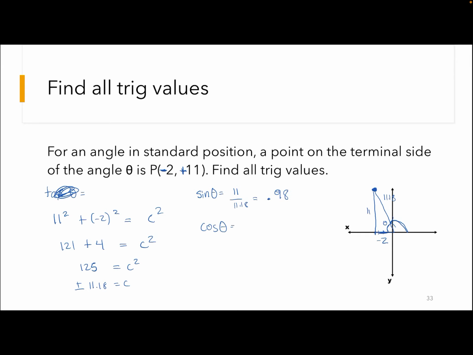The cosine of theta is negative 2 divided by 11.18, which is negative 0.18. And the tangent is just going to be sine over cosine. So 0.98 divided by negative 0.18 is over 5, I know. So it's negative 5.44. Negative 5.44 is the tangent.